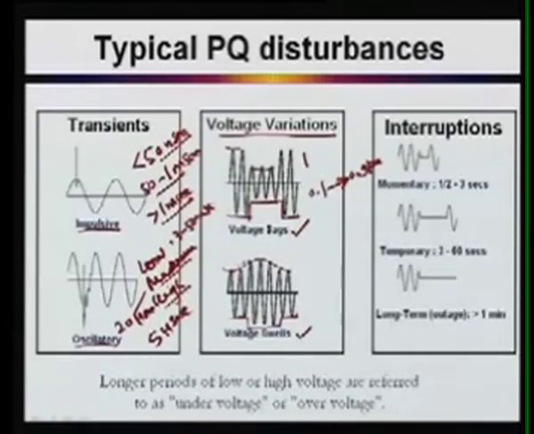So here, instantaneous voltage sag is when your duration is 0.5 to 30 cycles. Momentary means from 30 cycles to 3 seconds, and your temporary voltage dip is from 3 seconds to 1 minute.